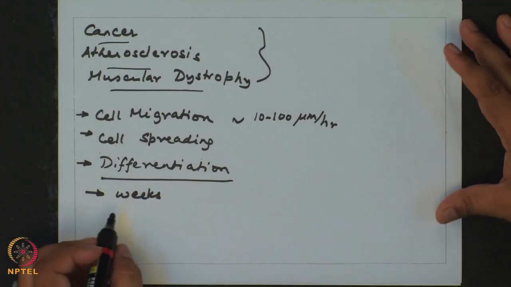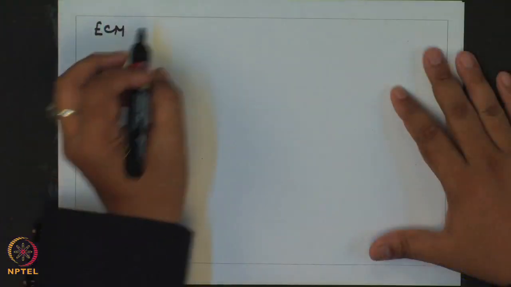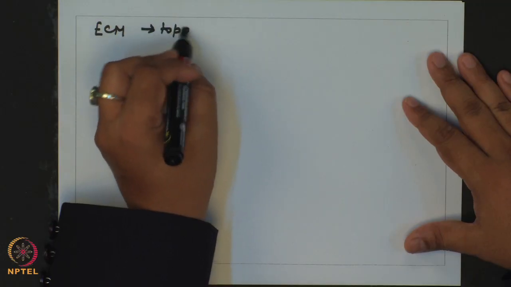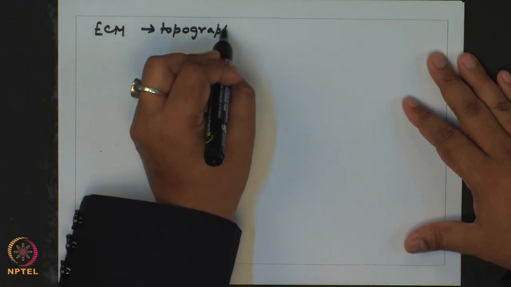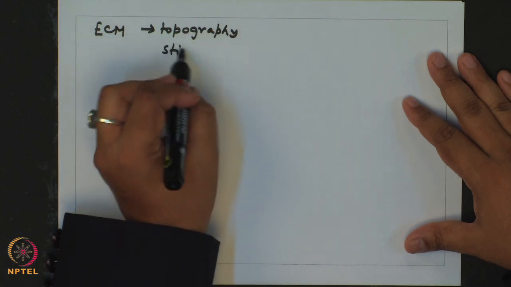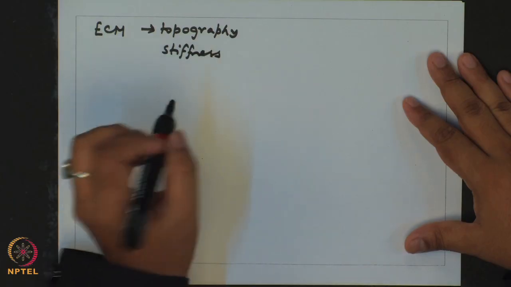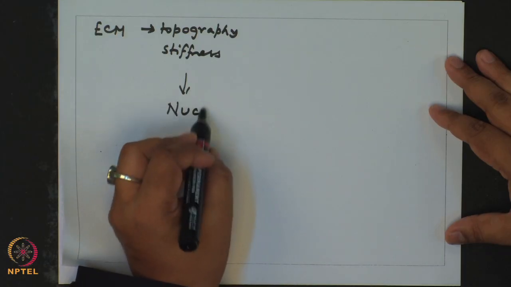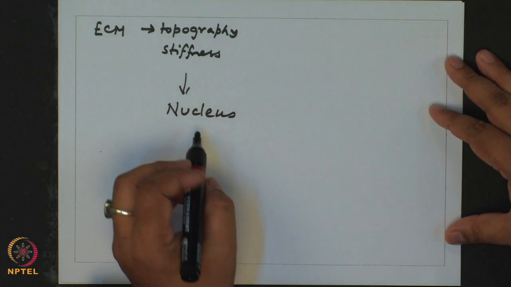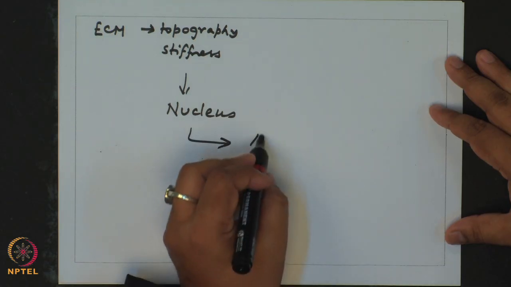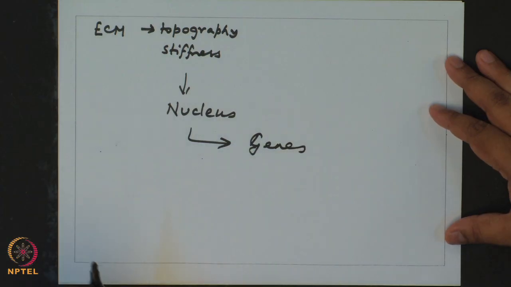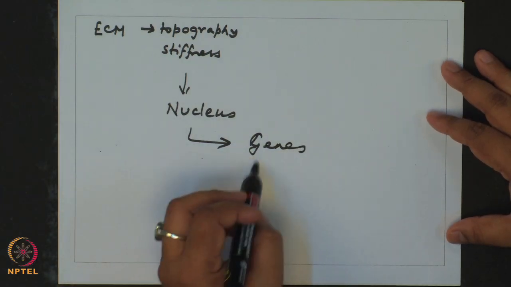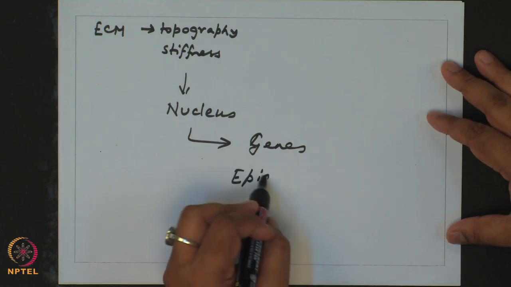So, what dictates it requires that these physical signals, which are encoded by the ECM in the form of topography or stiffness, reach the cell nucleus and activate various genes, and it is not just genes, you also have epigenetic changes.